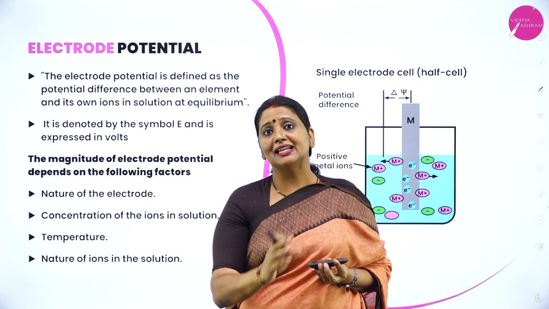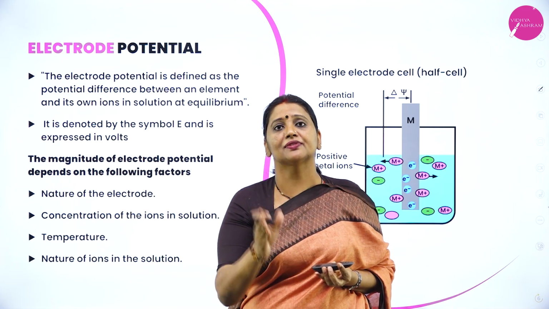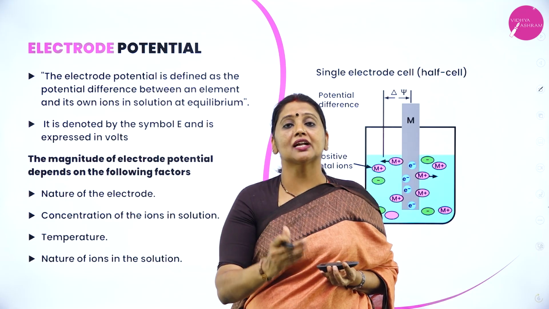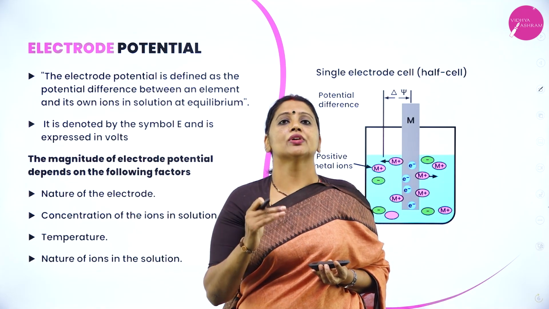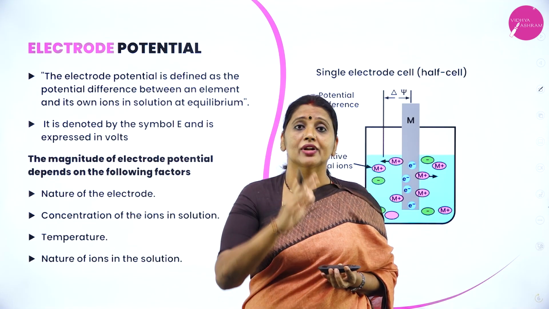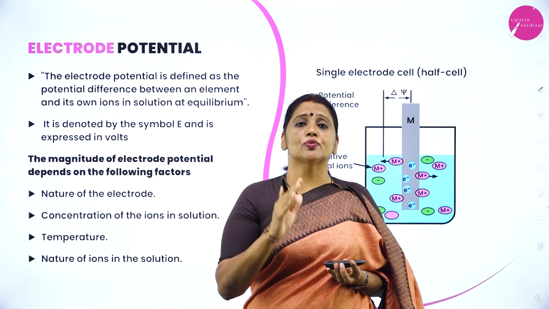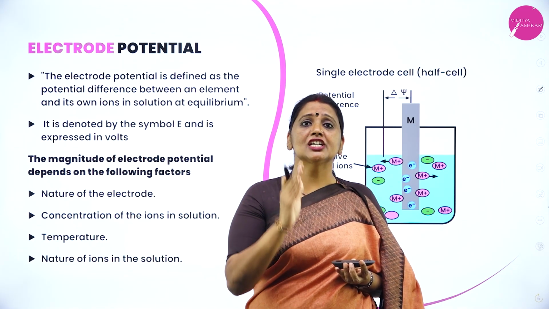So, when an element is in contact with its own salt solution, then that is called as what? Electrode. We have two electrodes, anode and cathode. Anode is an electrode where oxidation takes place. Cathode is an electrode where reduction takes place.